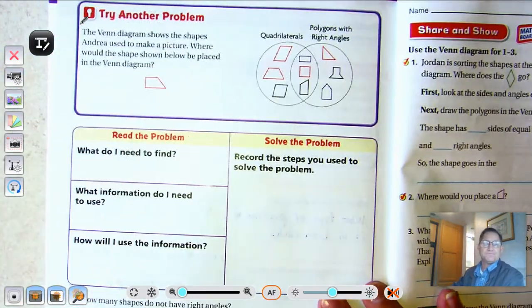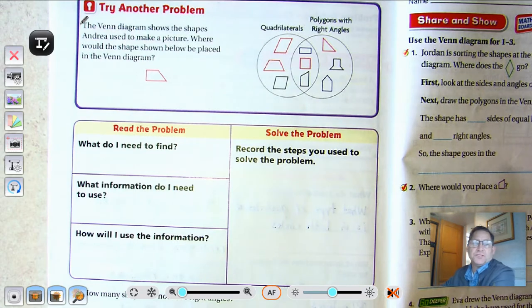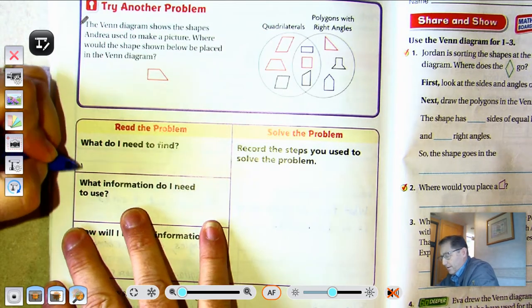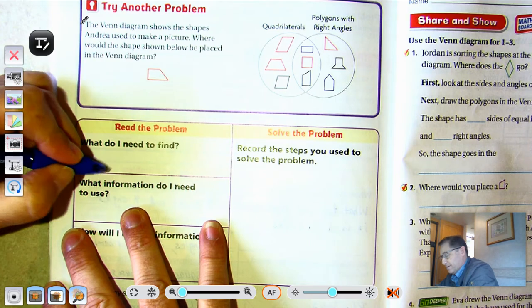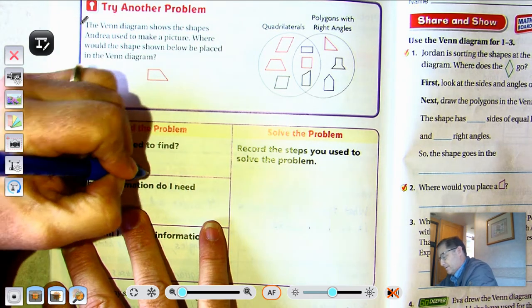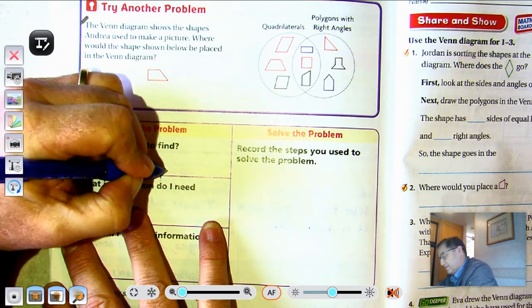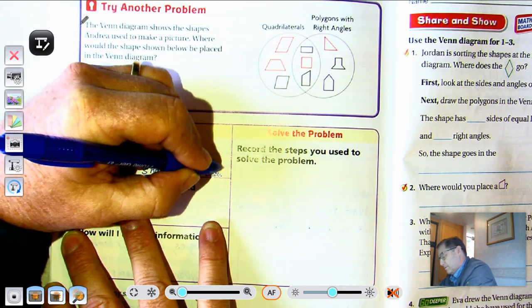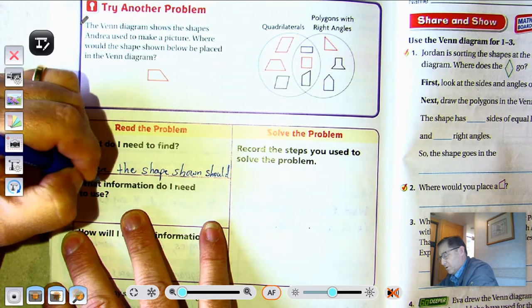All right, how about this one? The Venn diagram shows the shapes Andrea used to make a picture. Where would the shape shown below be placed in the Venn diagram? What do I need to find? Where the shape should be drawn.